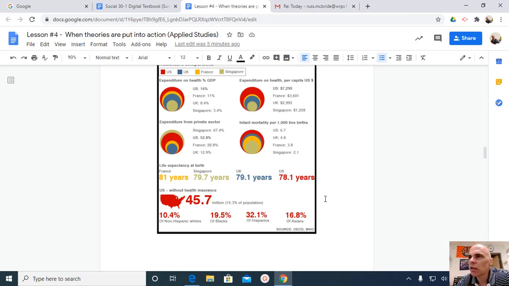But here you have a chart that's looking at healthcare expenditures and compares the US, the UK, France, and Singapore. But the US is spending more of its GDP on healthcare, even though countries like France and the UK, spending almost half, have a more desirable healthcare system. And one of the thoughts here is that because the US system has a larger private enterprise, private property element to it, it's less cost effective.